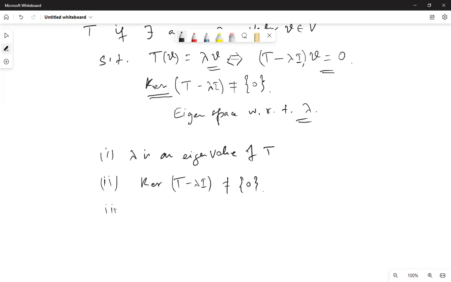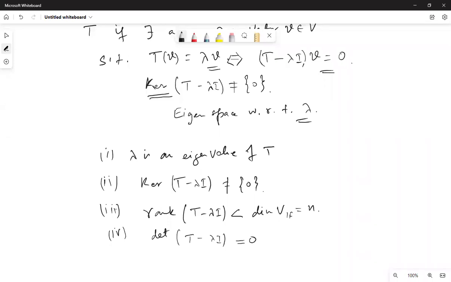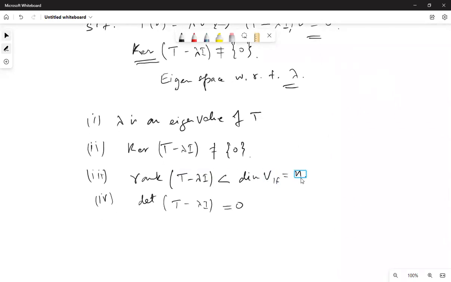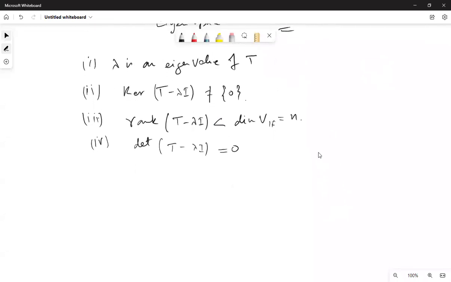Third, the rank of T minus lambda I is less than the dimension of V over F, which I just took as n. Fourth, the determinant of T minus lambda I is 0. These are equivalent forms. Rank means the range space of T minus lambda I. Using the rank nullity theorem, you can prove these 3 and 4 easily.